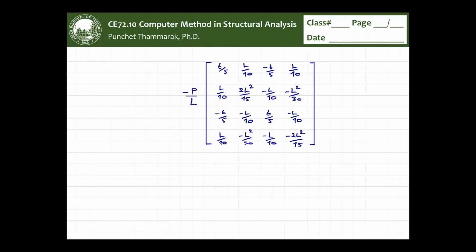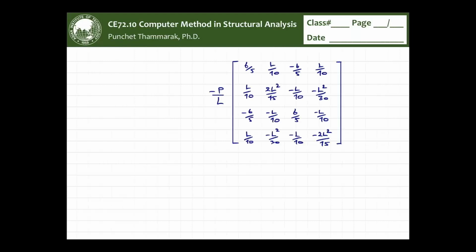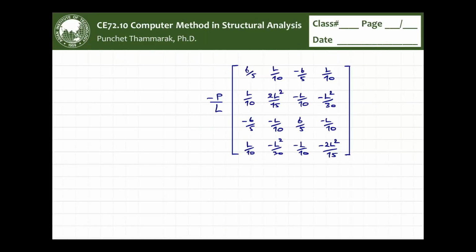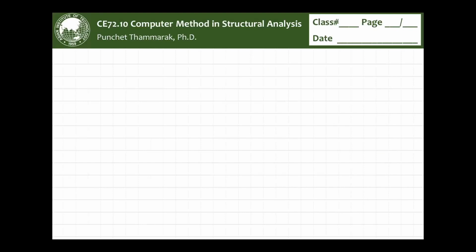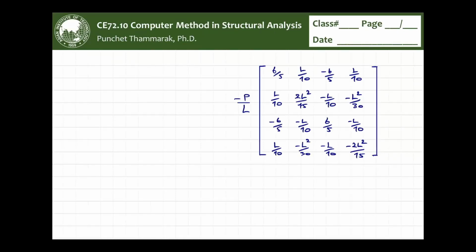So I will write this. So the linear term, space is not enough. EI is out there, 12 over L cube.